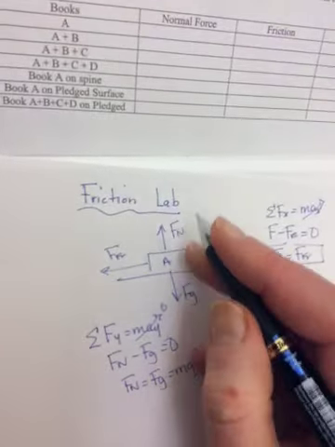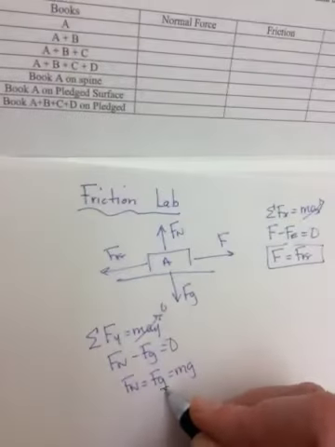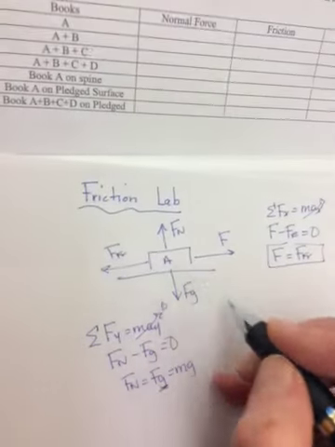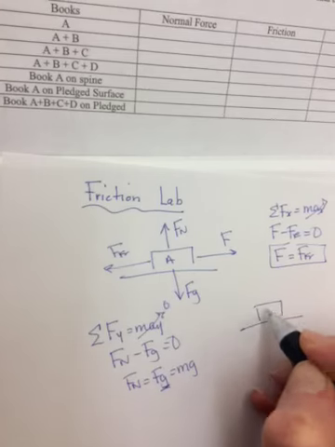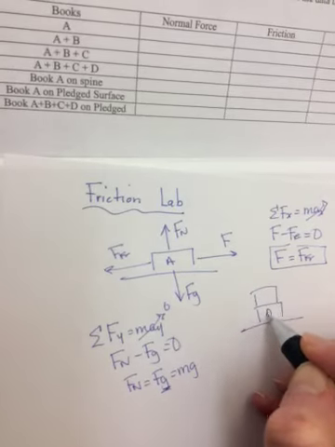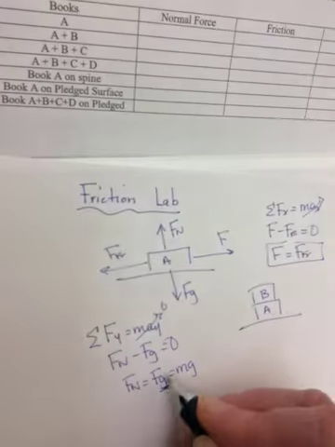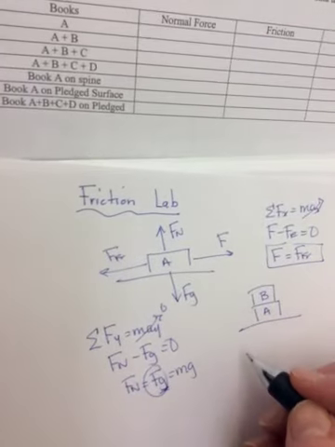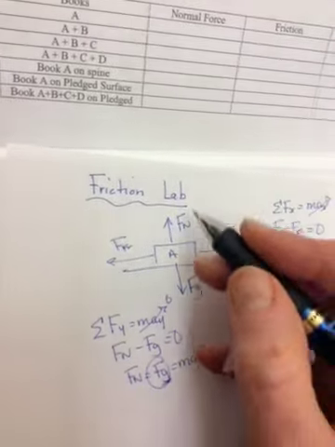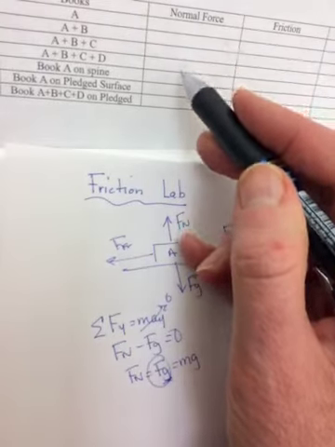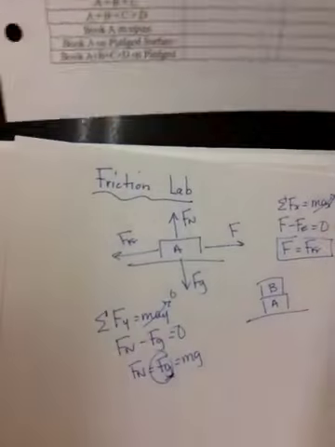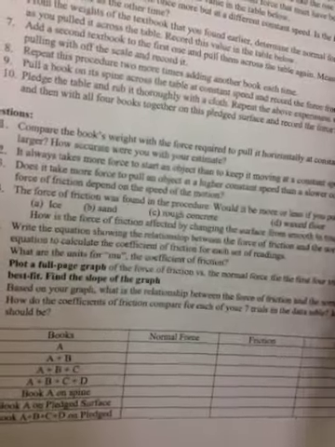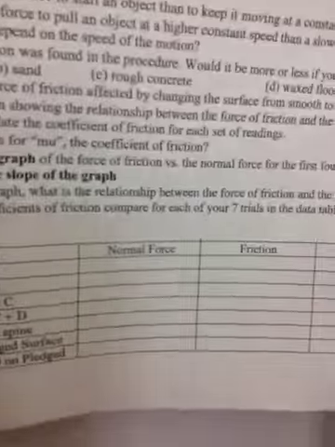Okay, so for book A, the normal force is equal to the weight of book A. But in the next trial, you stack B on top of it. So now what will be the weight? It should be A plus B together, right? So in that first chart, you need to add A, B, C, etc. Okay? All right, so then once you have your charts completed, those first couple of columns, leave them, it's coming.